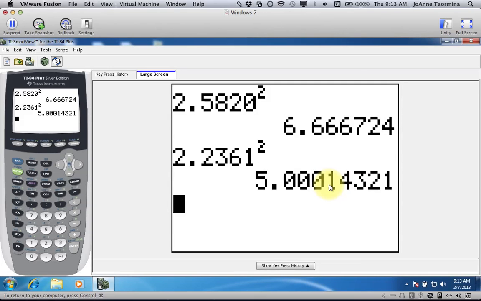So when you don't have the variance, you can always look at the value for the standard deviation and square it.